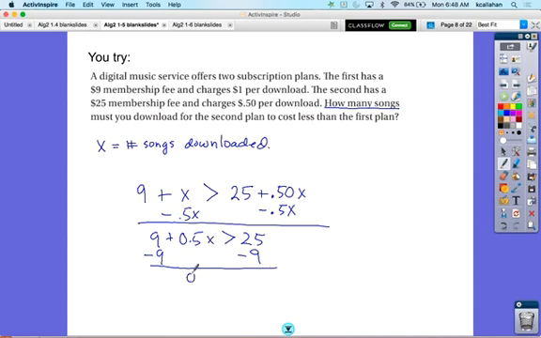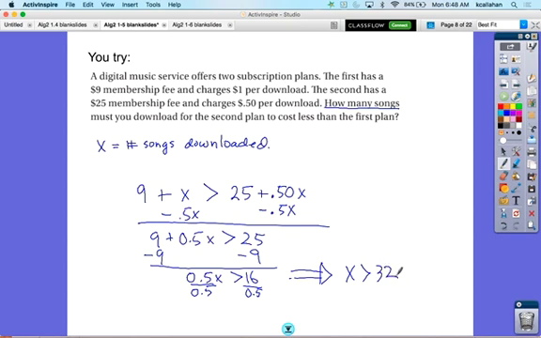0.5x is greater than 16, and then divide by 0.5. So that means x is, again, you can put this in your calculator if you need to, but that is greater than 32.